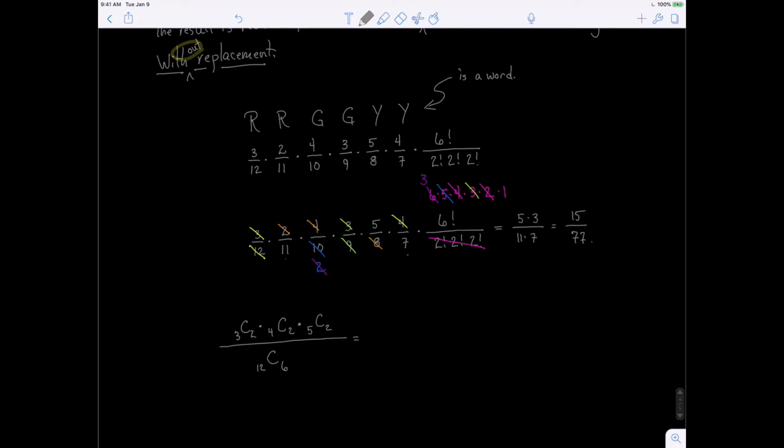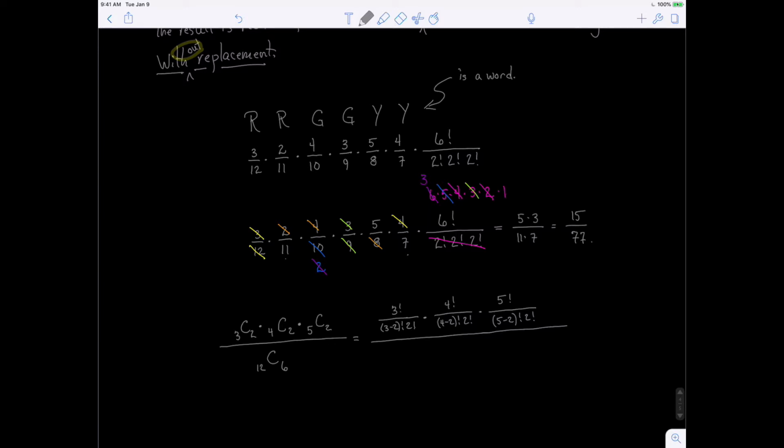This is going to be a big fraction, but let's give this a shot. 3 choose 2 is 3 factorial over 3 minus 2 factorial, 2 factorial, times 4 choose 2, which is 4 factorial over 4 minus 2 factorial, 2 factorial, times 5 factorial over 5 minus 2 factorial, 2 factorial.